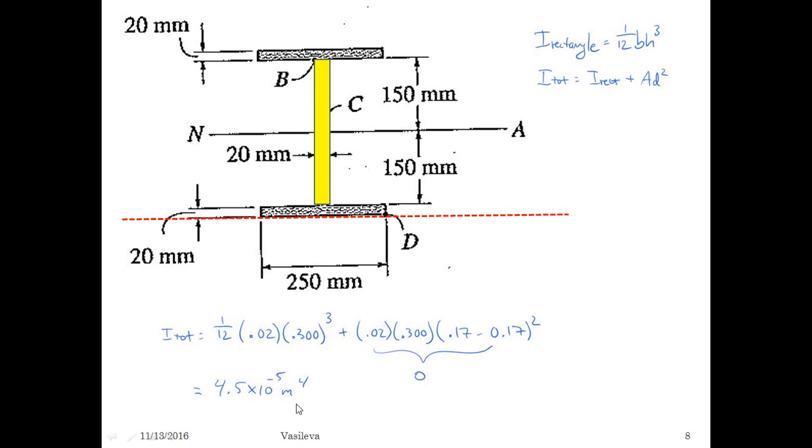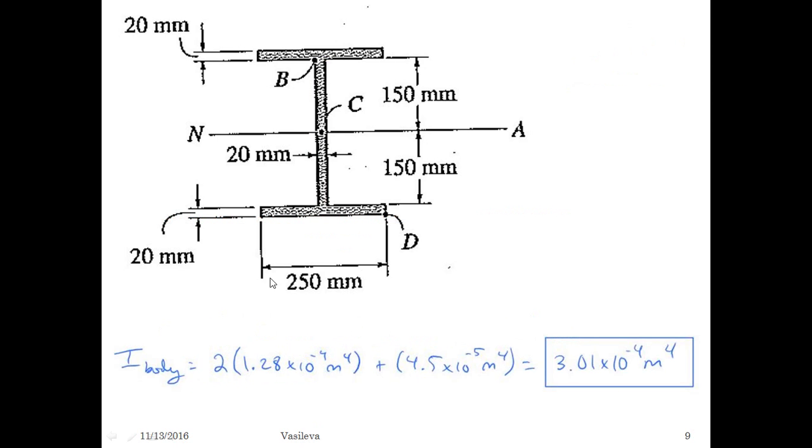And we end up with 4.5 times 10 to the negative 5th meters to the 4th. So now to find the overall moment of inertia for the entire body, we just combine those three segments. So 2 times this segment, because we have it twice, plus this segment, and we get 3.01 times 10 to the negative fourth meters to the fourth.